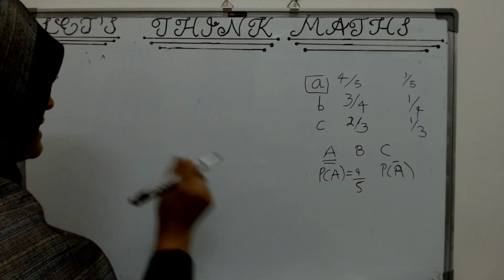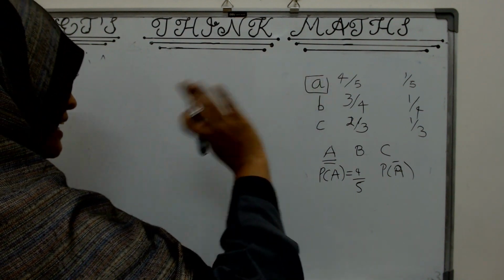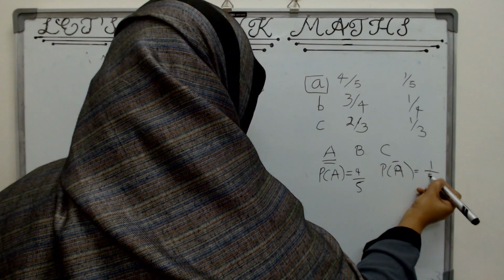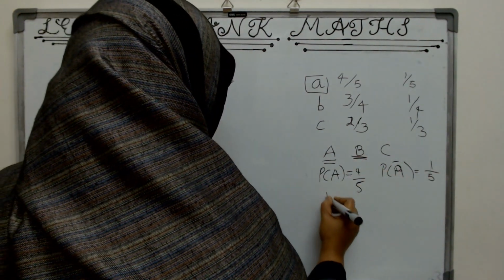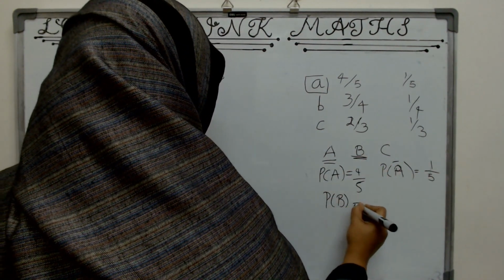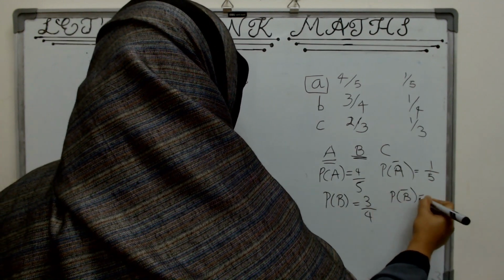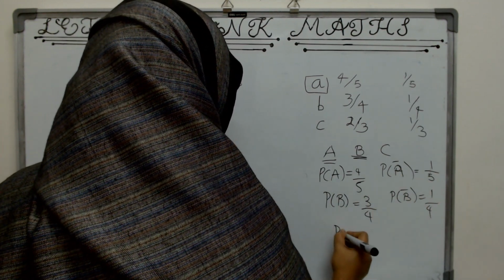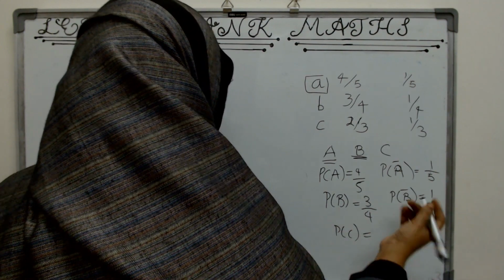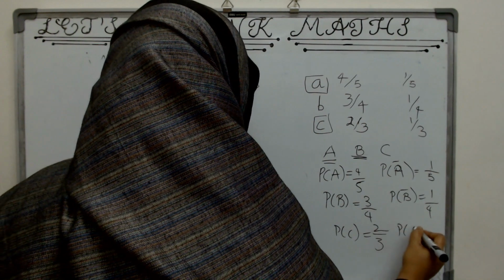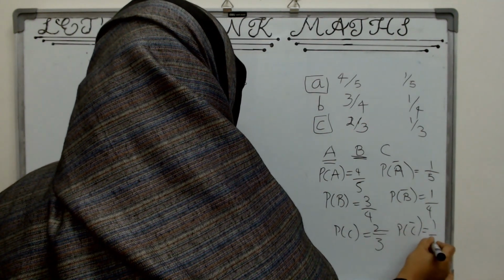If A is the event that this guy hits the target, A complement will be him missing the target. Similarly, B. If B hits the target, we have 3 by 4. Then B complement is B missing the target, and same with C. The probability of C is that this guy hits the target, and C complement is that he misses the target.